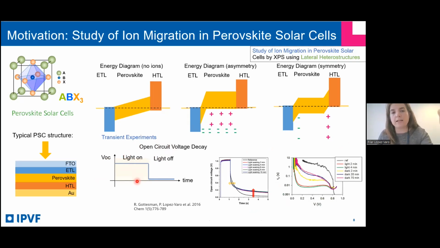We let the solar cell achieve the open circuit voltage, and then we switch off. And when we switch off, everything is recombining and we should go to 0 voltage. But interestingly, in solar cells what is observed is a really slow decay, depending on the device. This slow decay indicates that we have some ions.